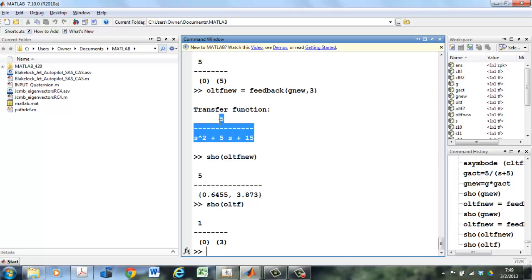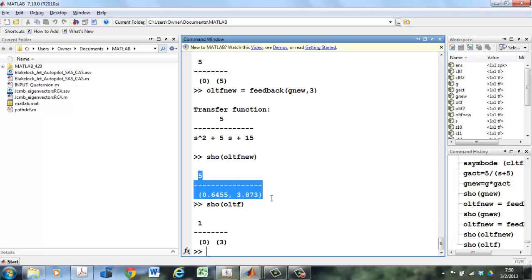Okay, second order system. So here's a comparison of the original without the actuator. It's 1 over s times s plus 3. With the actuator in, I get a second order system with a damping of 0.7 and the natural frequency of 3.8 radians per second. So there is a change there.